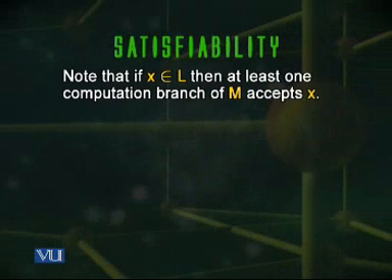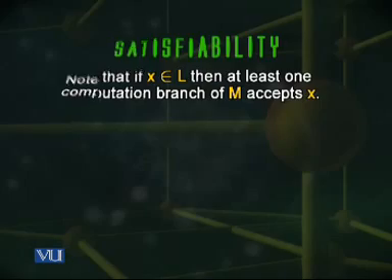Note that if x is in L, then there is at least one computation branch of the non-deterministic Turing machine M that accepts x. Remember, when you have a non-deterministic Turing machine and you give it one input, then its computation is modeled by a tree. And this non-deterministic Turing machine is said to accept an input x if and only if at least one branch of it accepts.